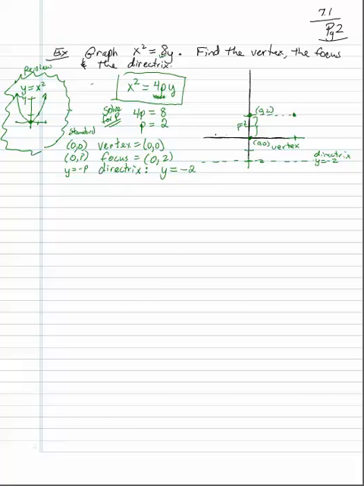And we call this point here the point from the latus rectum. And we're going to go 4 the other direction. So that point there is on my graph, and then I just make my parabola.